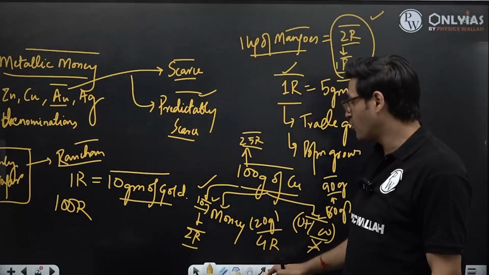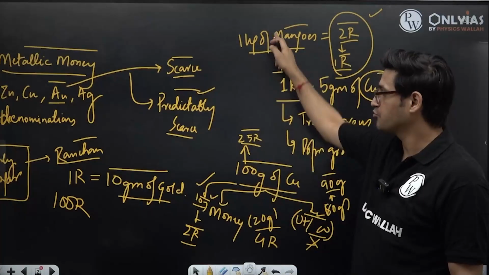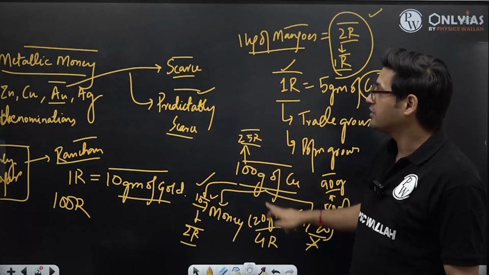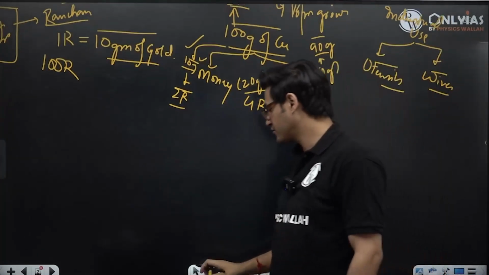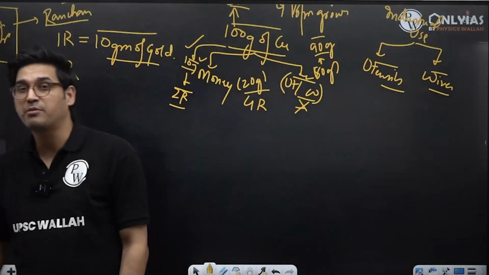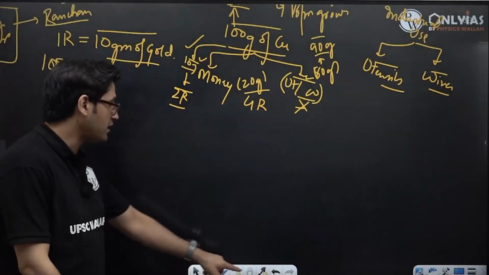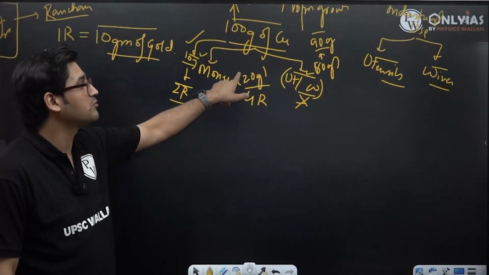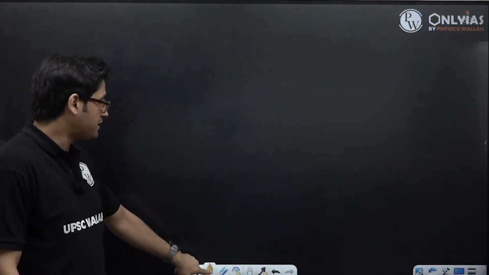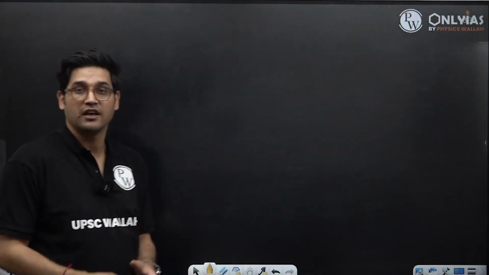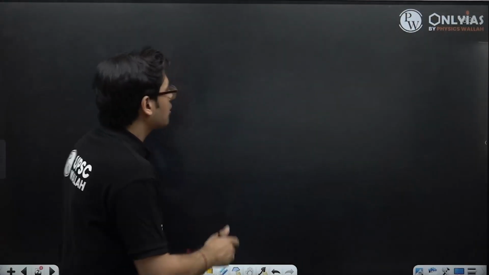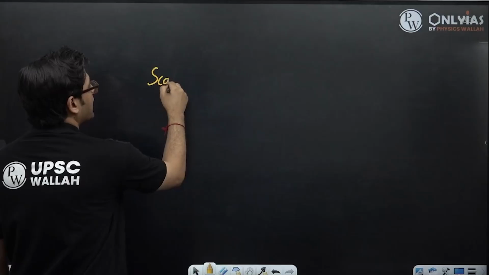The problem with gold was that it is very, very scarce. Now that's a big, big problem. For any metal which has been chosen as money, its scarcity is both helpful, but its scarcity is also disastrous. Gold was very, very scarce.